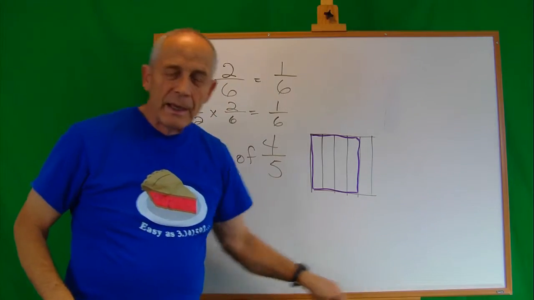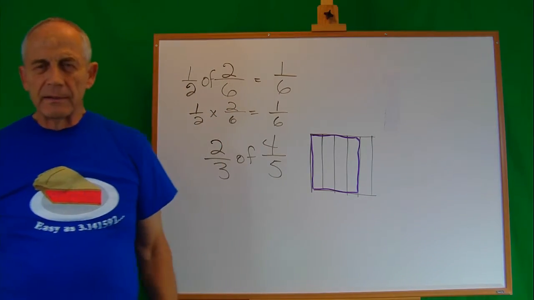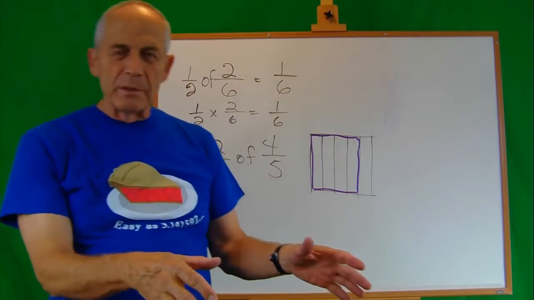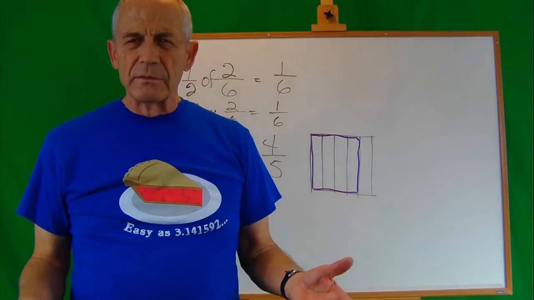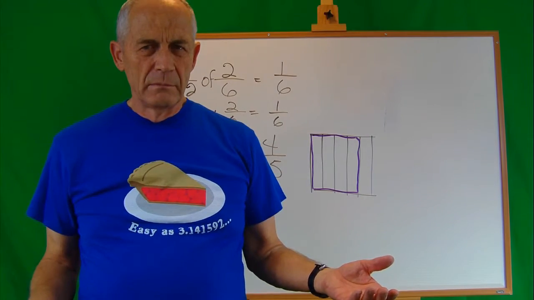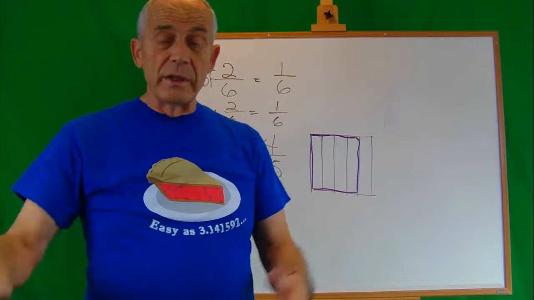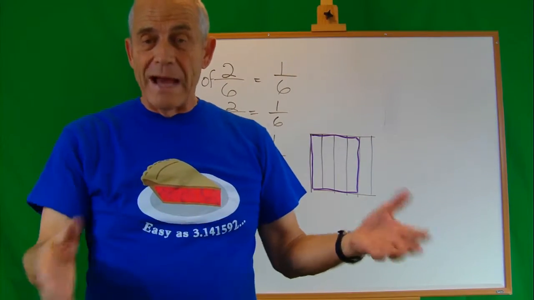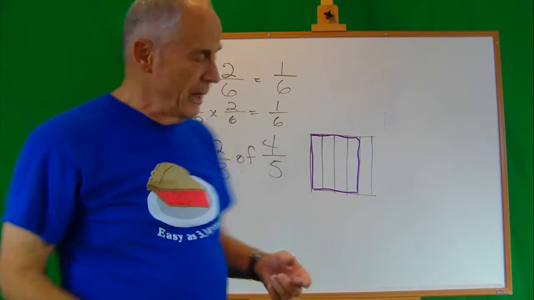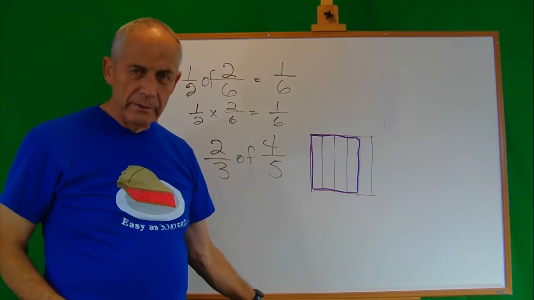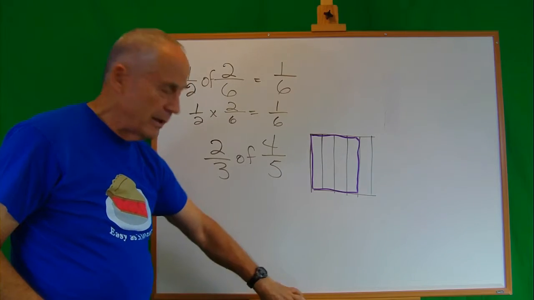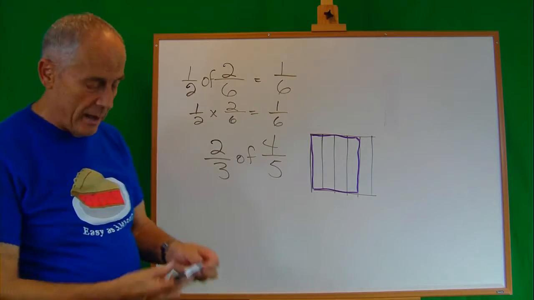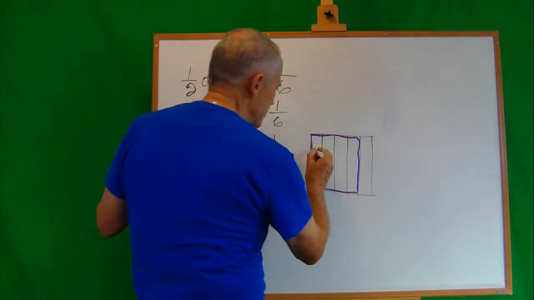Okay? Now I want 2/3 of that. So if you had a pile of apples and you wanted to find 2/3 of it, what would you do? Okay? Split it into 3 equal packages or piles, and then you take 2 of them. 2 out of the 3. Okay? So I'm going to do the same thing here. I'm going to go the other direction now, and I'm going to make thirds.